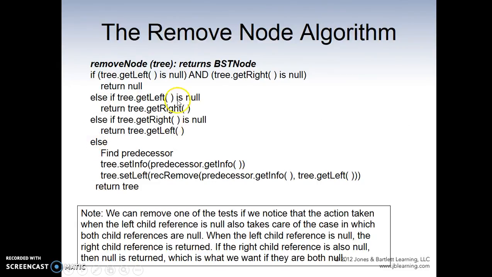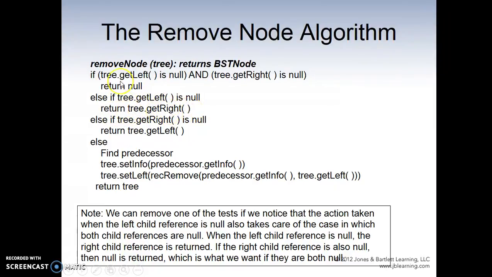So if tree.getLeft is null, that means the removed node has only one child, on the right. Then we just return tree.getRight.